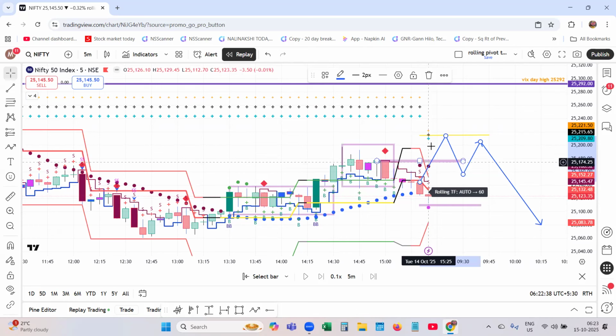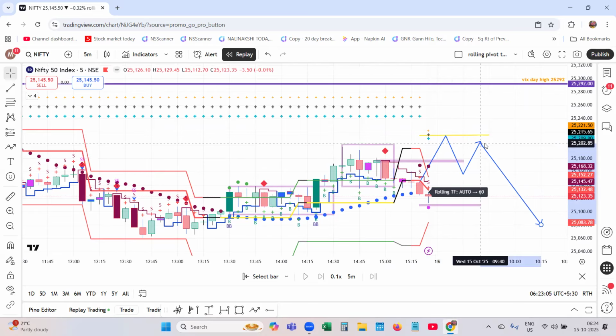For the imbalance to balance out and give the direction, it will take a minimum of 1 hour, more than 1 hour. Sometimes it may run longer if they want to decay the premium of the call option or put option. In this period, decay will happen.